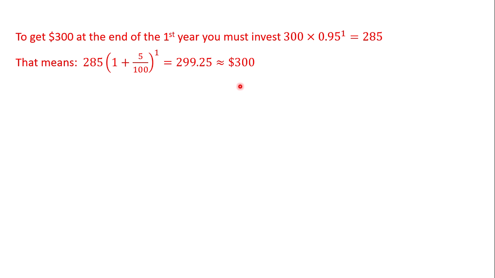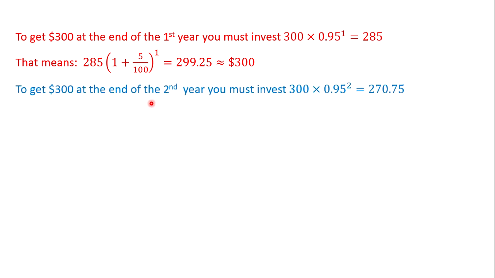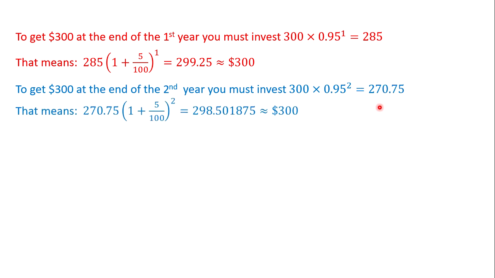But if the person decides to invest a certain amount, $270 like we determined first, how much do you get at the end of the second year? If you are investing $270.75, you're going to get $300 as well.